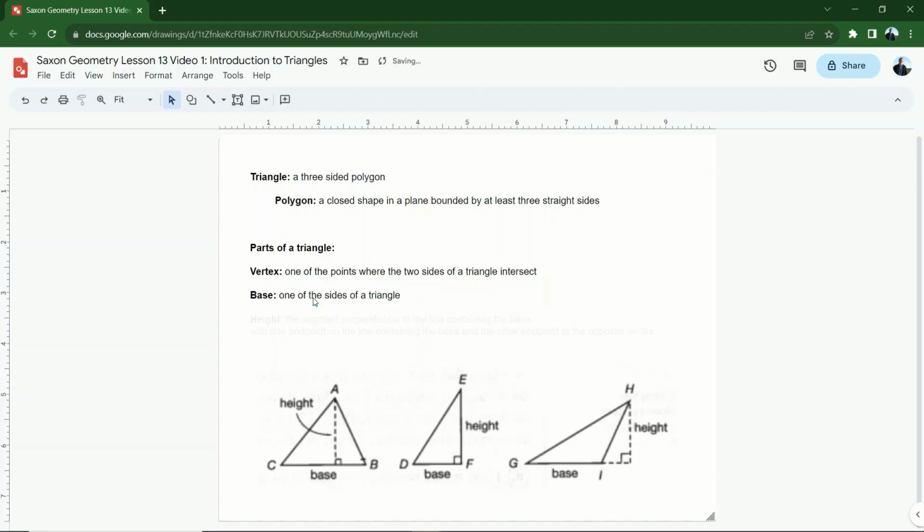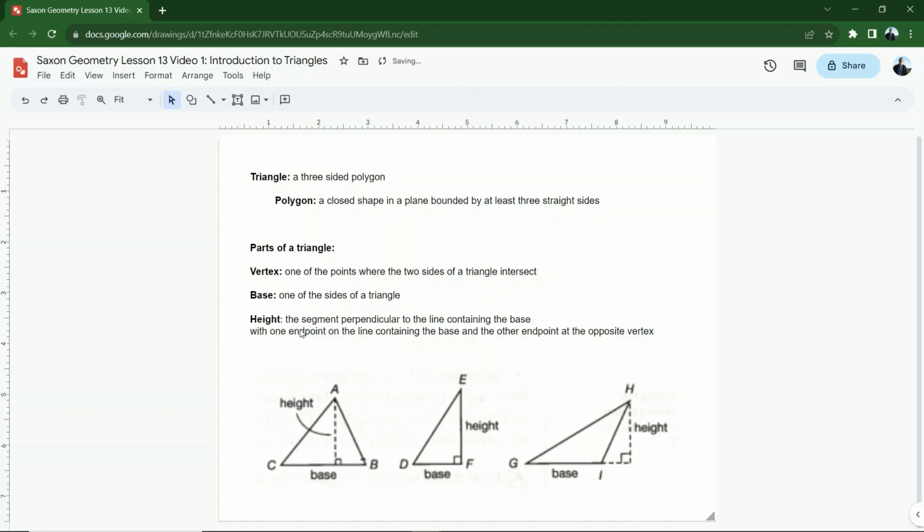The base of a triangle is just one of the sides. And once you choose the base side of a triangle, you're locked into that side being your base. So it's important for you to realize when you choose the base of your triangle, you can choose another side to be the base if you want to, but the calculations that you do once you choose the base are always based on that being the base of your triangle.